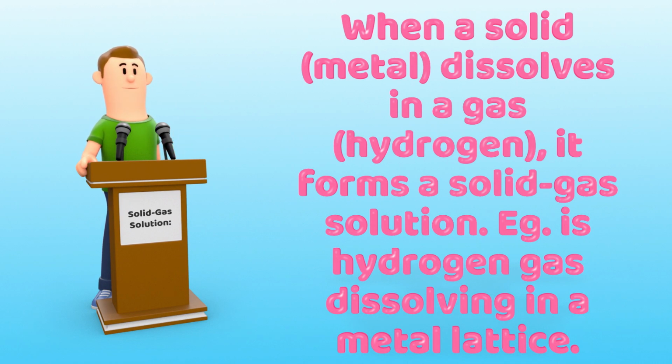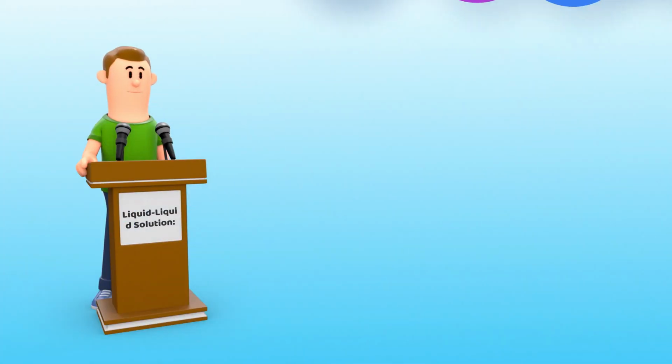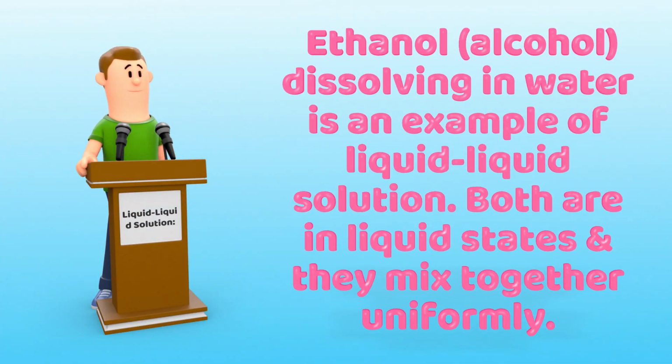For example, when a solid metal dissolves in a gas like hydrogen, it forms a solid-gas solution. Let's now see a liquid solution. For example, ethanol alcohol can dissolve in water. That is an example of a liquid solution.